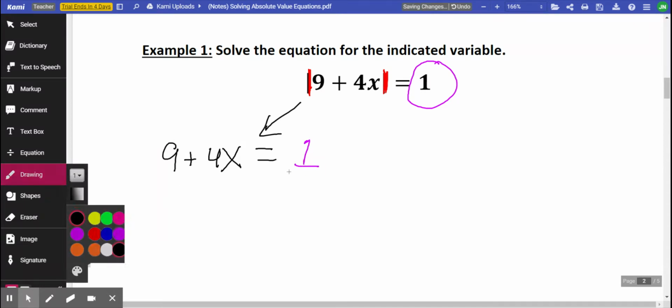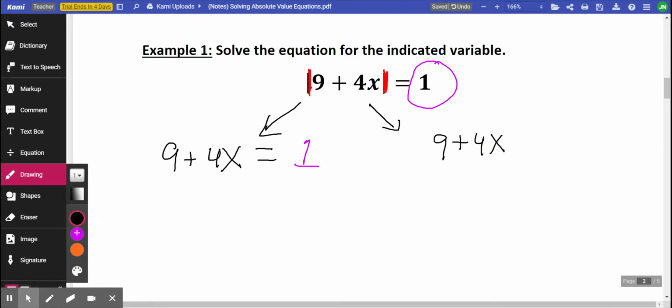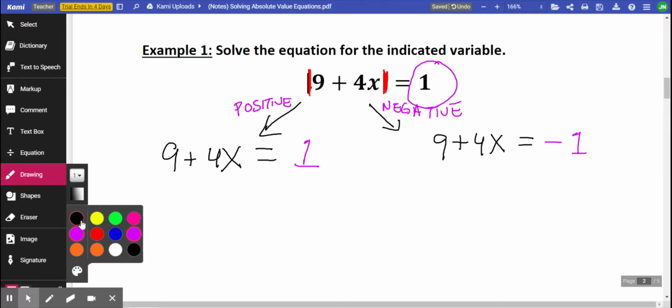And then second equation, 9 plus 4x, equal to negative 1. In order to get rid of the absolute value symbol, we have to account for every possible scenario. One scenario is that the value on the inside is positive, and another is that it is negative. So we just accounted for both equations, and now we basically just have to solve each one, and then we're done. Okay, so let's solve it.